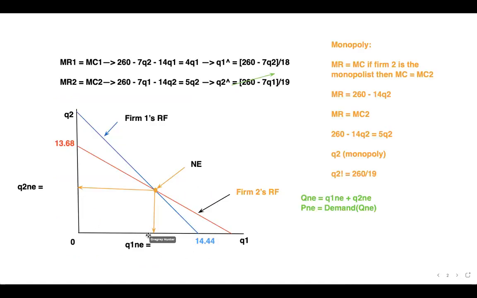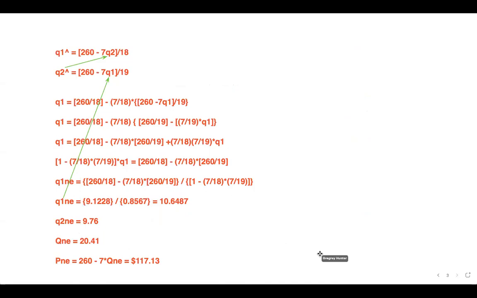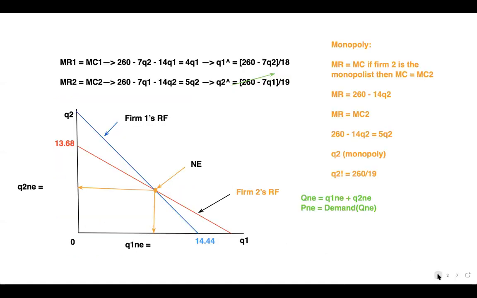The only thing that would remain, and this is just an illustration, is that we can see that our two quantities are going to be on the interior here, right? We didn't get anything greater than the monopoly quantity, which is good. That would make our diagram look weird. And sure enough, we have the low cost producer. Remember, that's firm one.